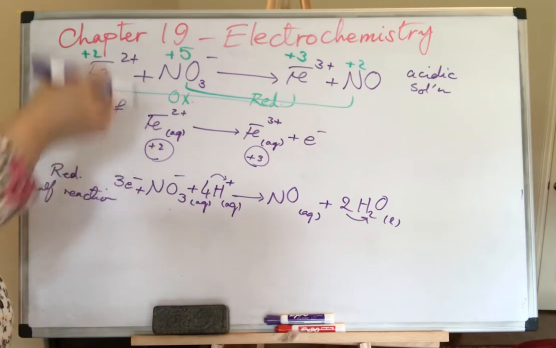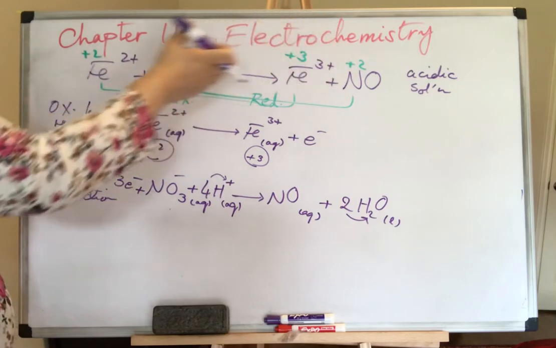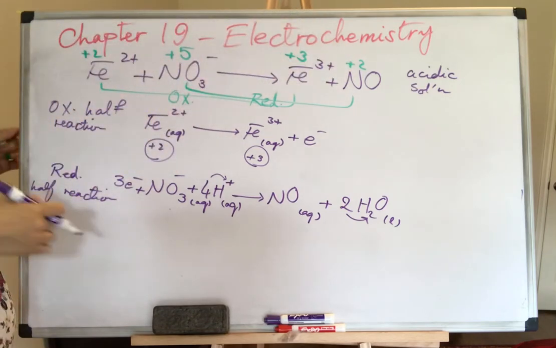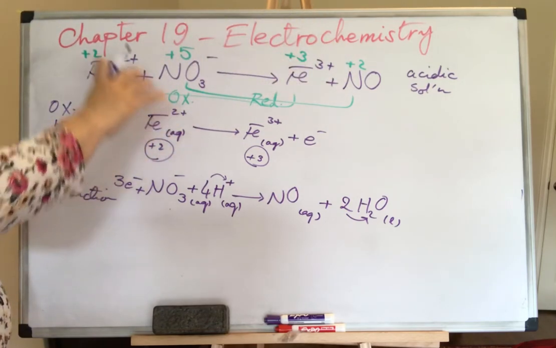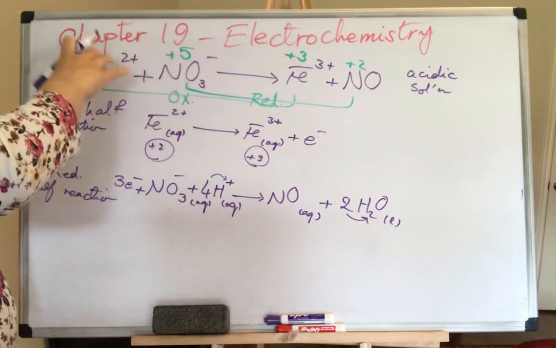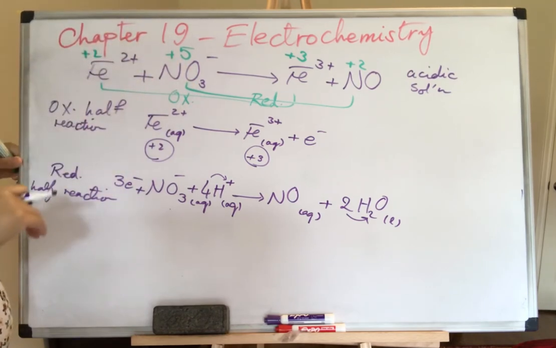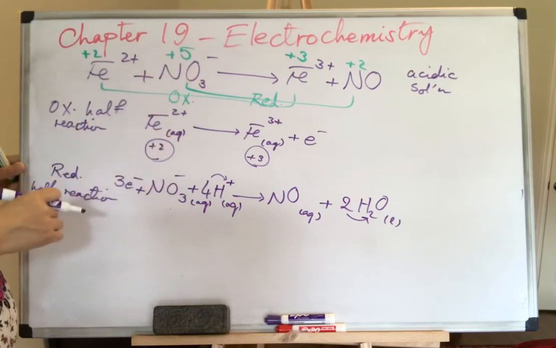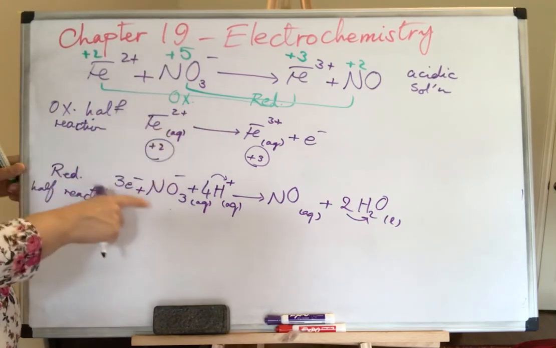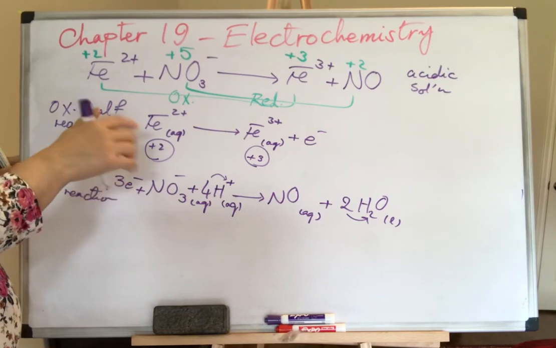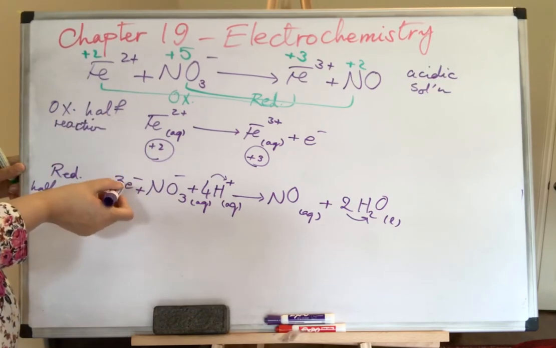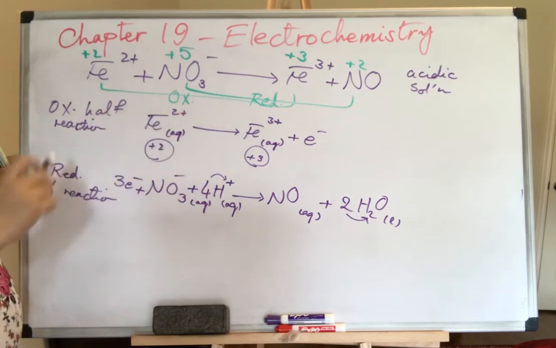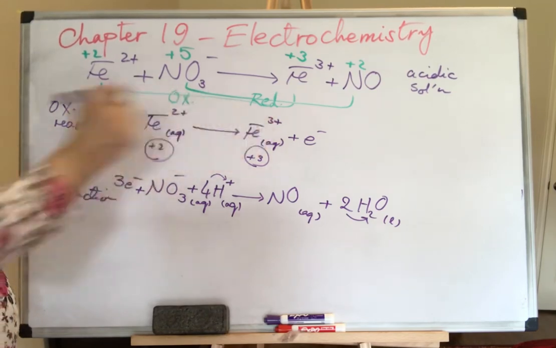Now, because we need to write the overall equation, you need to add these two. The equation is composed of the oxidation half reaction and the reduction half reaction. So you need to add these two, but we should be able to cancel the number of electrons. We have 3 here, but 1 there.